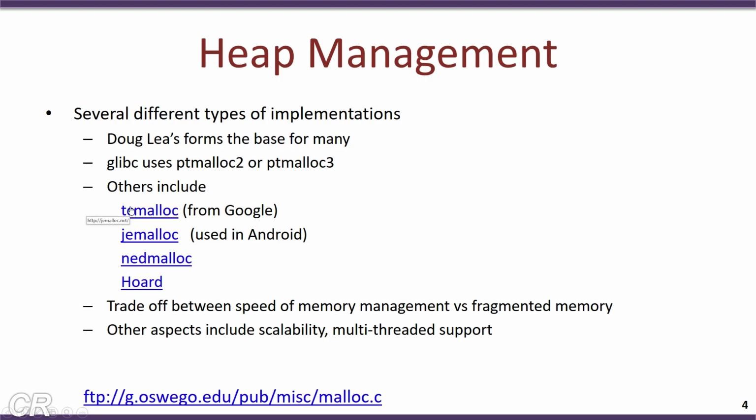In all of these different malloc implementations, there is a subtle difference between the algorithms used to allocate memory and free memory as well. Essentially the algorithms will affect the speed at which memory is allocated or deallocated versus the fragmentation of the memory. For instance, you may have one implementation of malloc which can very quickly allocate and deallocate memory.